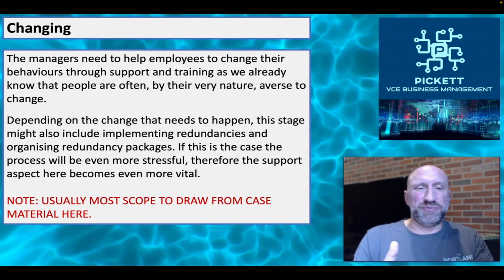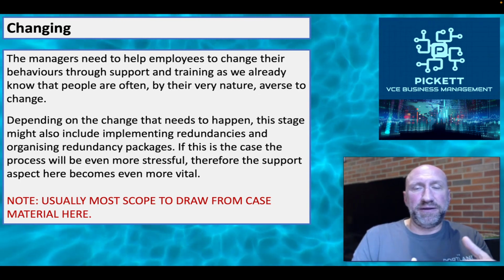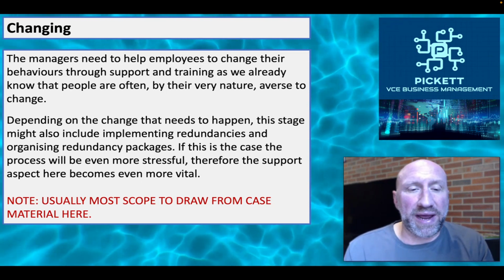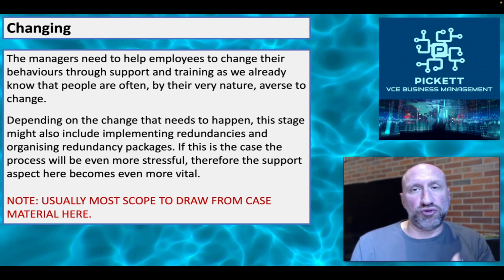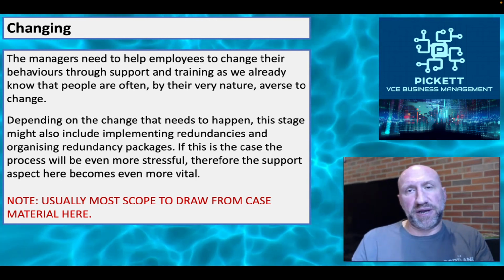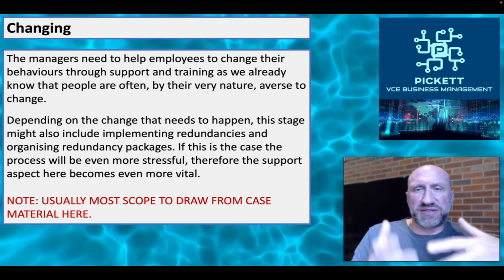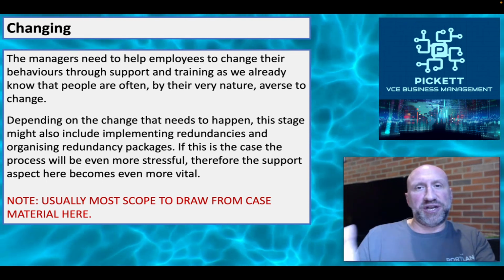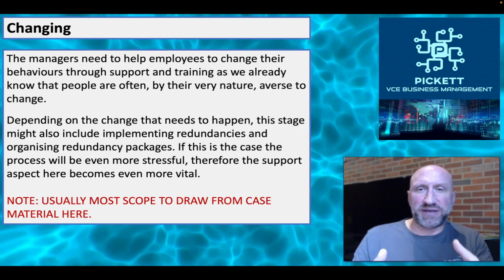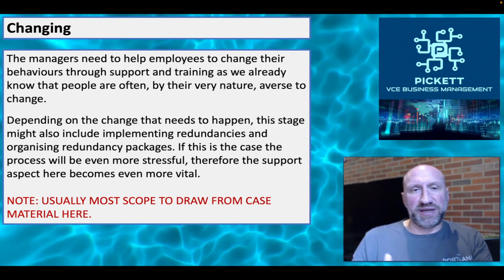Your answer tends to be what I've talked about here. But the actual changing, the second step, is normally where there's more scope to actually draw from the case, because the first step and the third step you'll see in a minute are the same every time. But the actual change process is what's going to be different in each case that you see, because the change being made within the case material is going to be different.